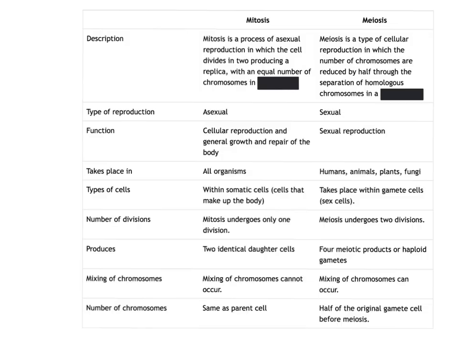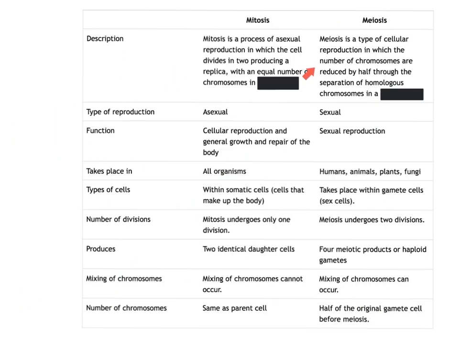So to sum up mitosis and meiosis, mitosis is the process of asexual reproduction in which the cell will divide to produce 2 identical cells, each with a diploid number of chromosomes. That means that each cell is identical, containing 46 chromosomes.